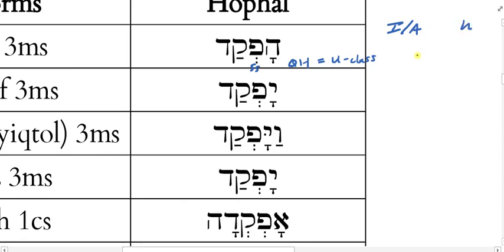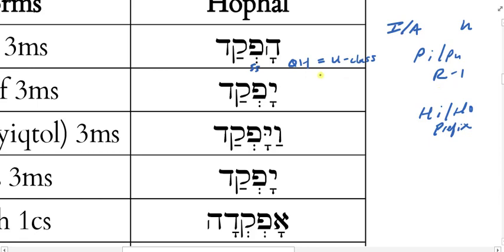In the Piel, the I's and in the Pual, the U's and A's are under root 1, okay? In the Hiphil and Hophal, the I's and A's and the U classes are under the prefix hey, not root 1. Root 1 is always going to get a silent shva in the Hiphil and Hophal, okay? So the I versus the U is characteristic of both, but they're just found in different places, okay?